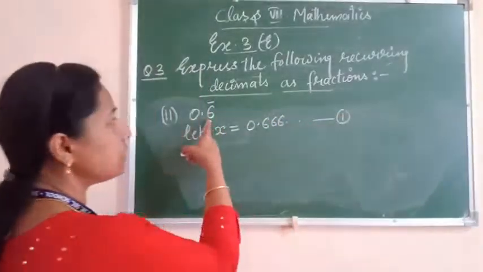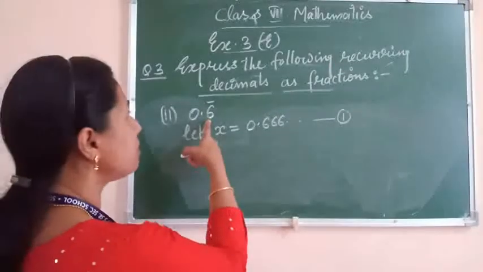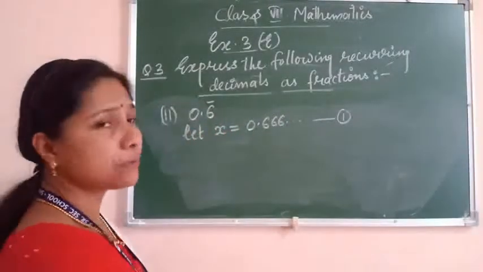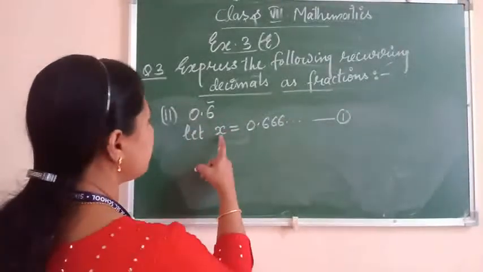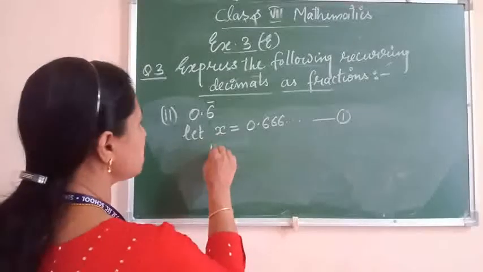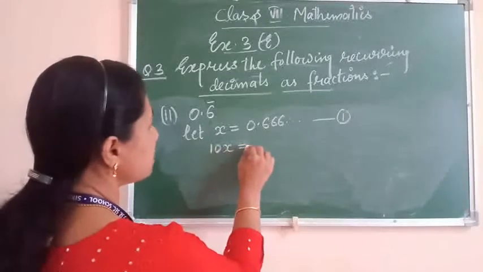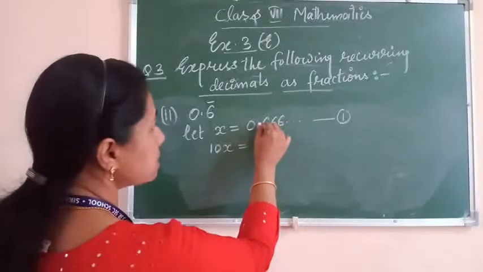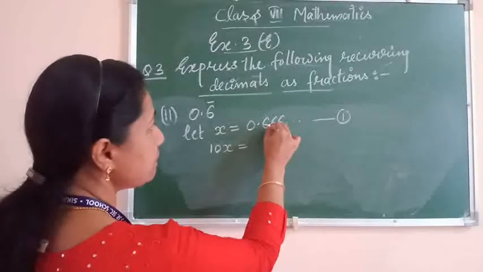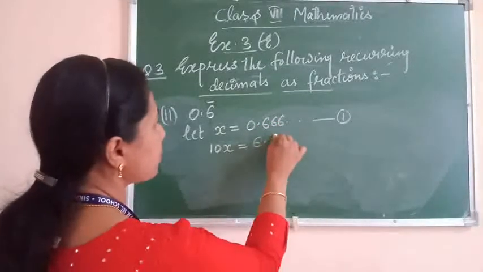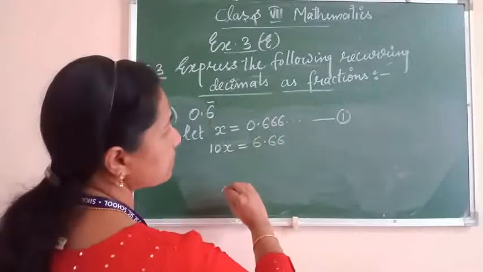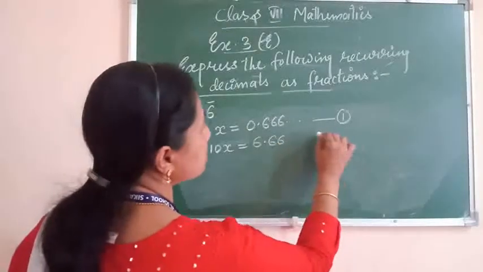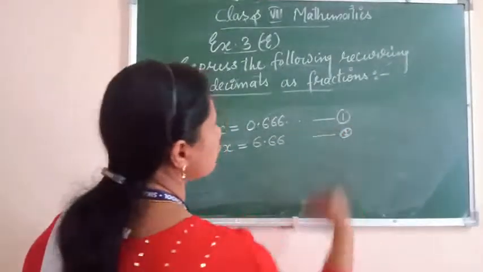Here also only one digit is repeating, that is why we are multiplying both sides of the equation by 10. Then 10x is equal to 0.66 multiplied by 10. This point should be shifted to the right side by one place. So it is 6.66. Now this is equation number 2.